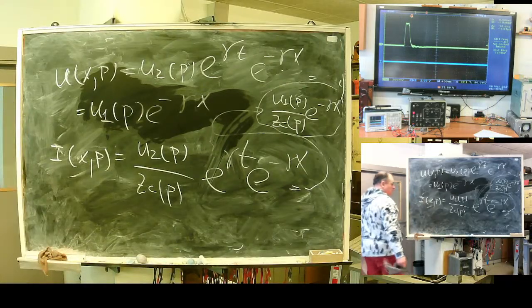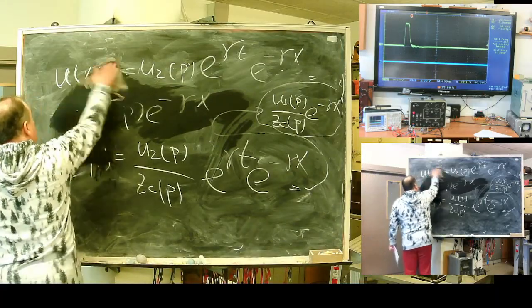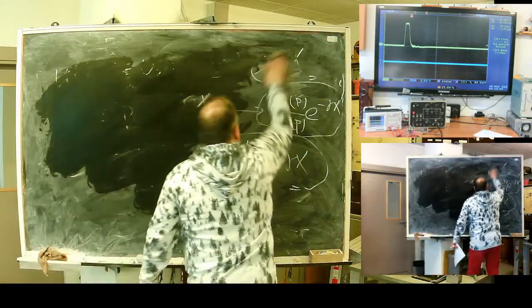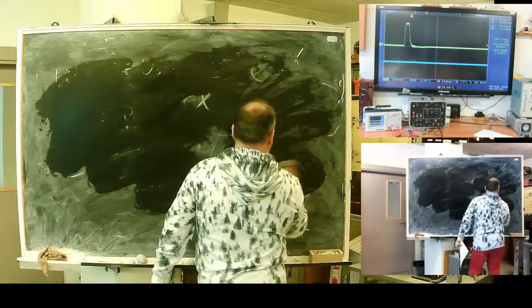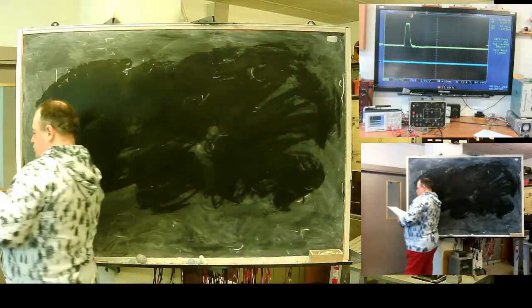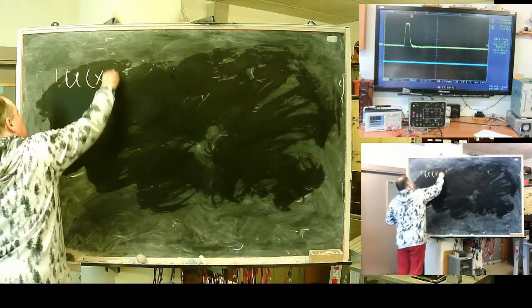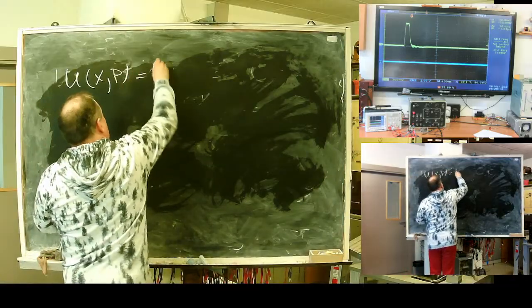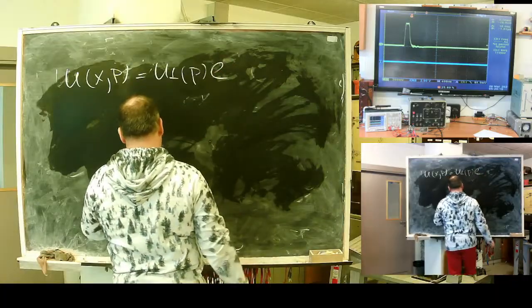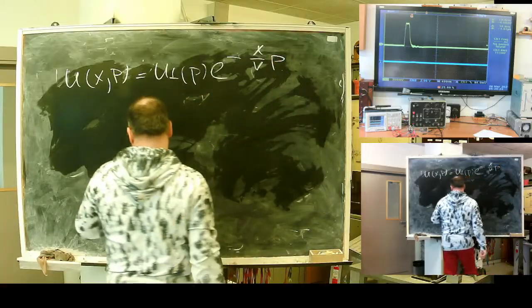If we omit losses, assume that losses are negligible, voltage will be U1 from P, e to the power minus x divided by v.